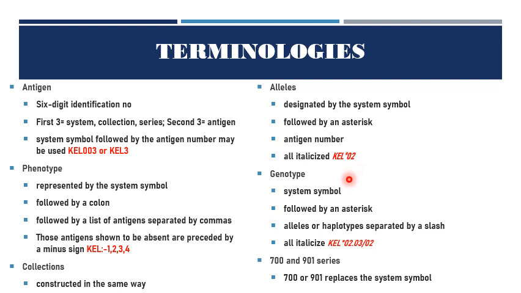For the genotype, first will be the system symbol followed by an asterisk, alleles or haplotypes separated by a slash, and then all are italicized. For the 700 and 901 series, 700 or 901 replaces the system symbol.